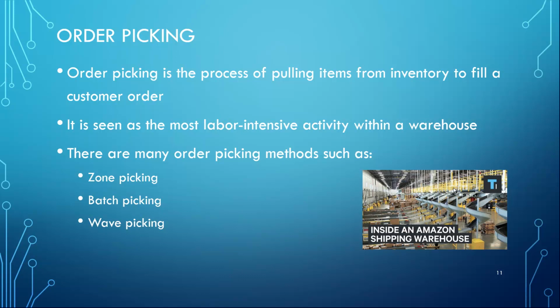In wave picking, the picker will be doing a variation of zone and batch picking at the same time, rather than orders moving from one zone to the next. For picking, all zones are picked at the same time and the items are later sorted and consolidated into individual orders or shipments.